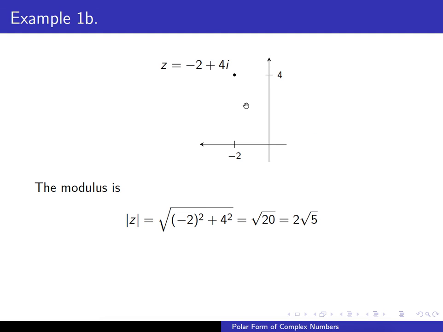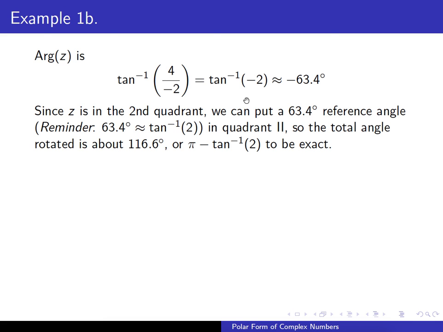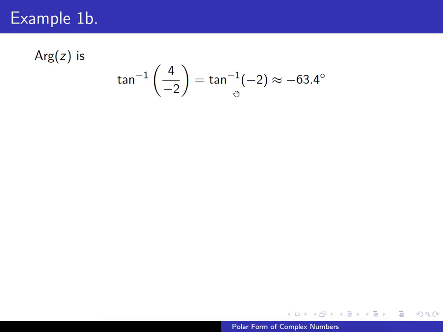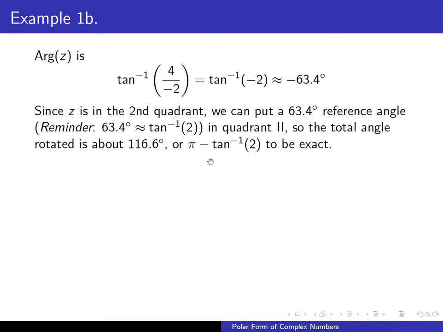So if we connect this to the origin, then the total amount that terminal side would have rotated is about 116.6 degrees. The exact value that the book says is pi minus inverse tangent of 2, which is 180 degrees minus that 63.4 degrees. So as far as exactness goes, it's pi minus inverse tangent of 2.